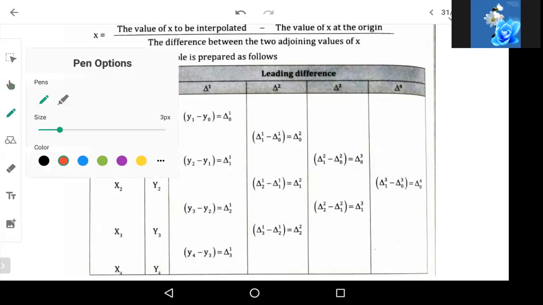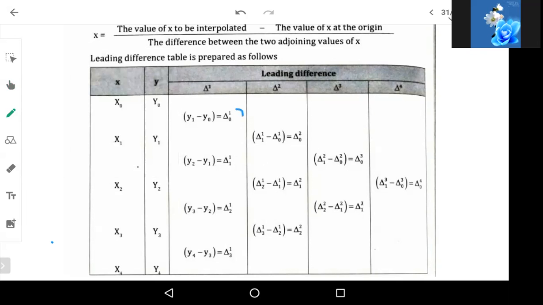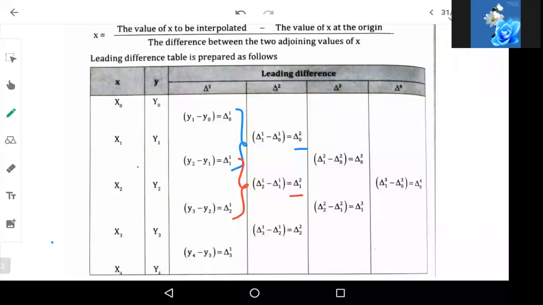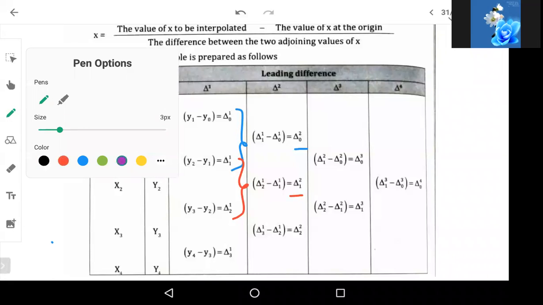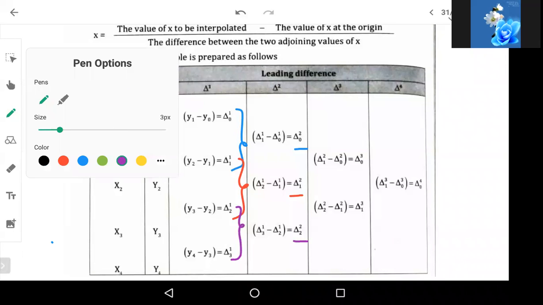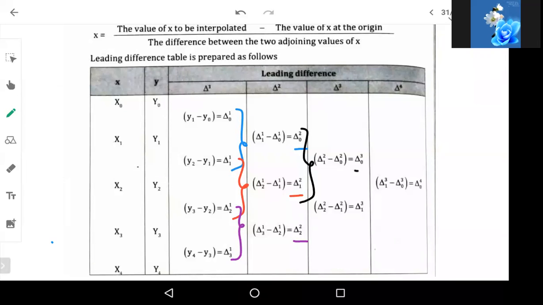You subtract these two and get the answer here, again subtract these two to get the answer here, and then these two to get the answer here. Similarly for the next leading difference, take the difference here and get the answer, and so on, finally reaching the last answer. In a few cases it will end with the third leading difference, in a few cases it will go to the fourth.